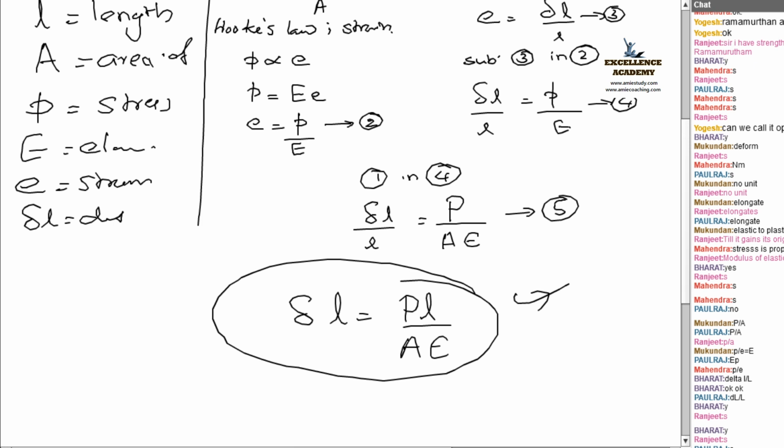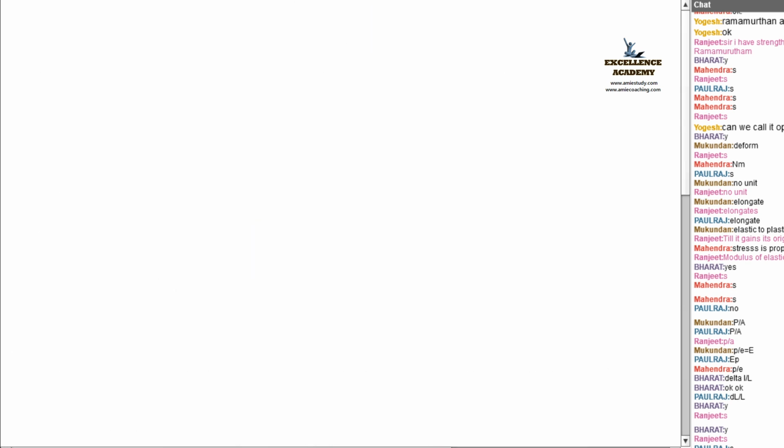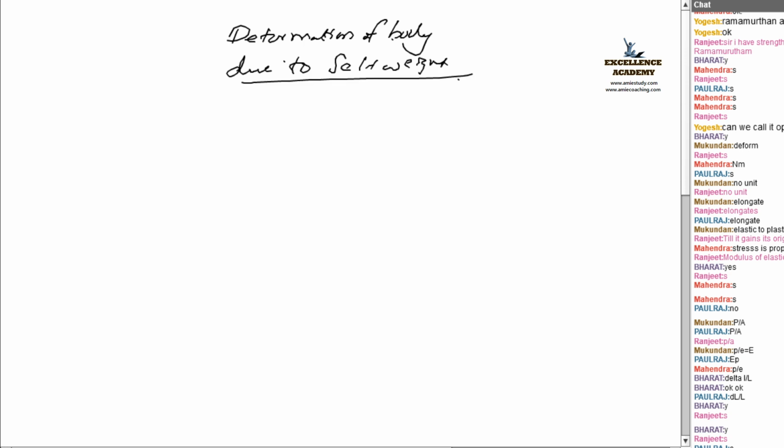Okay. Next. Deformation of a body due to its self-weight, that is another thing. For that, I shall consider a body first.